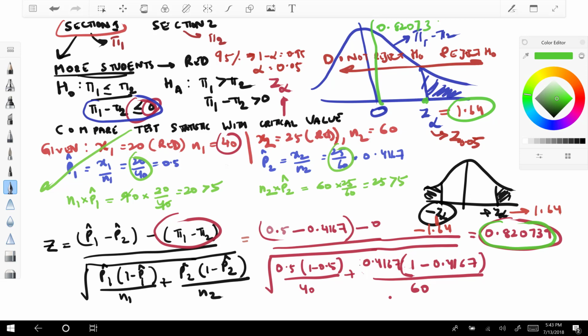So it lies in the do not reject region of H null. So our null hypothesis is true. That means do not reject H null.